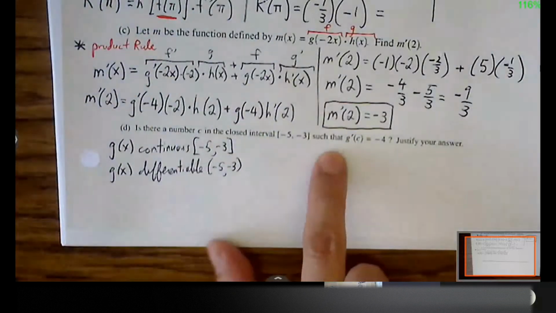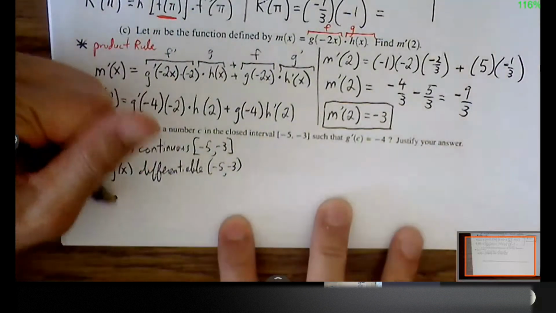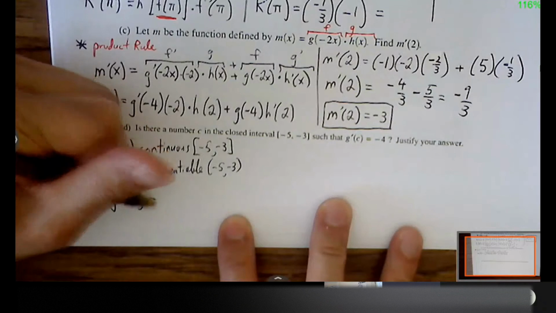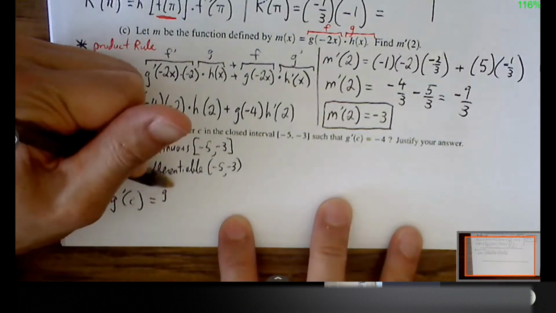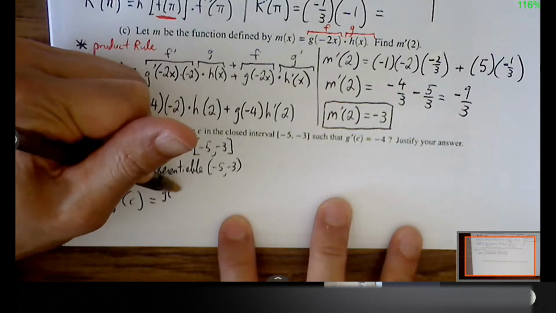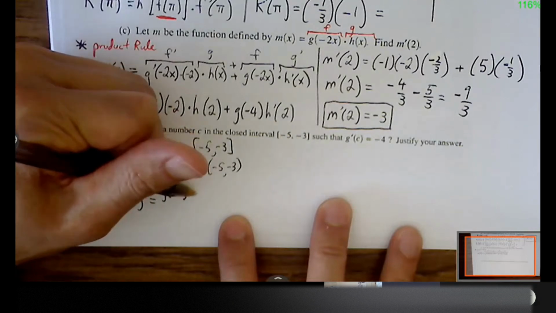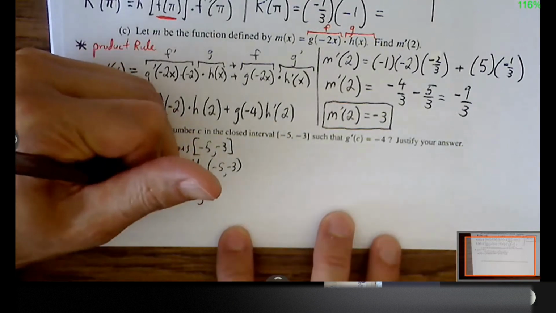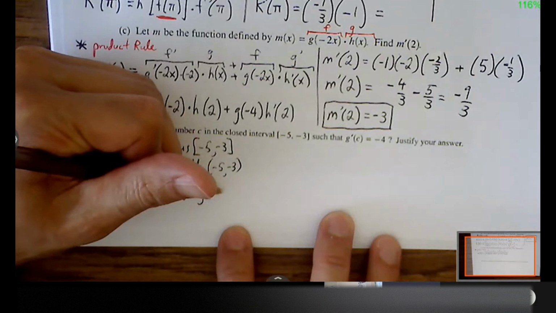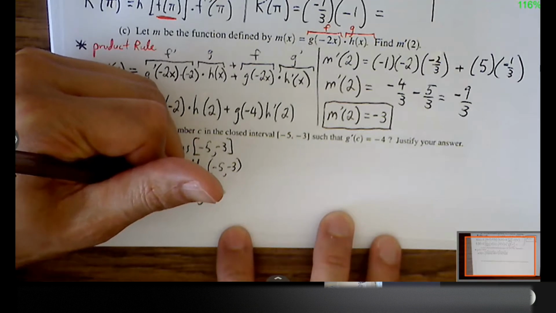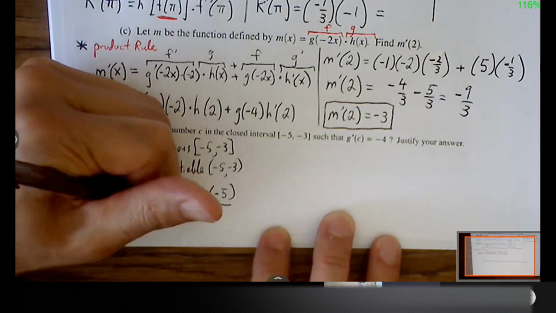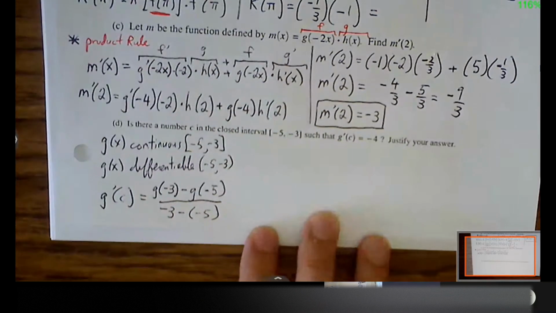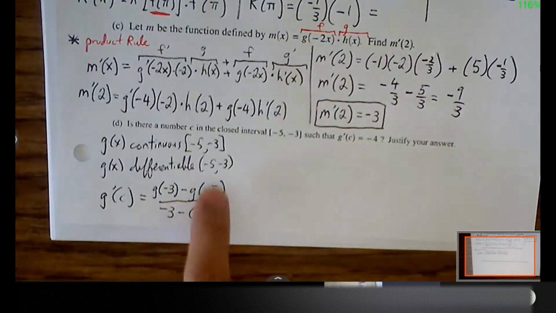So if we want to use mean value theorem, let's find the slope between the endpoints: f of b minus f of a over b minus a.